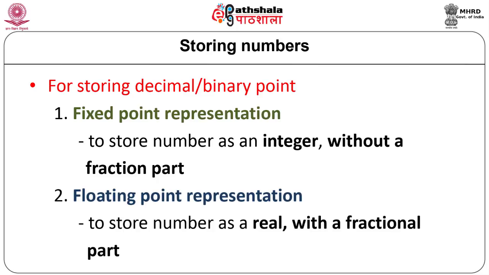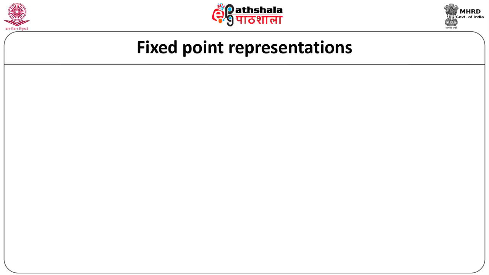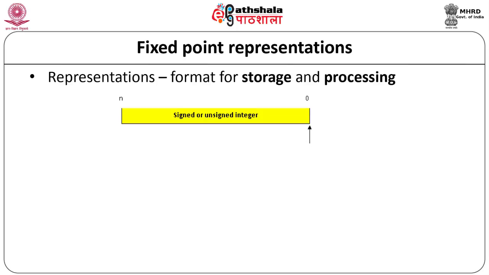In almost all computations, numbers can be represented and processed in either of the two categories, fixed point and floating point notations. These representations provide a format to be used for storage and processing.